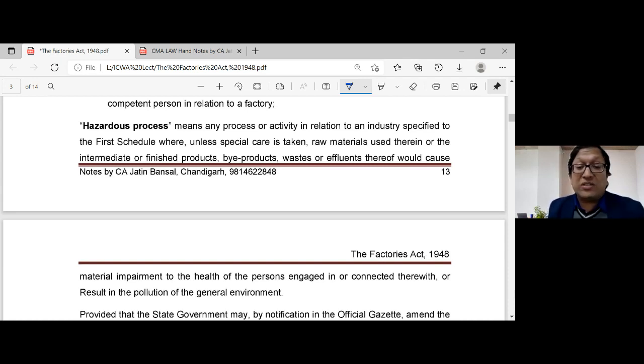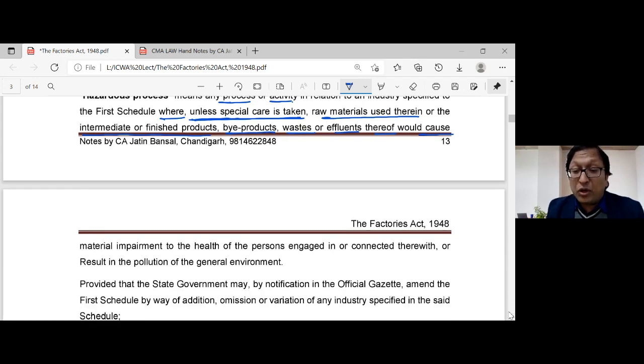Hazardous process means any process or activity in relation to an industry specified in the First Schedule, where, unless special care is taken, the raw material used therein or intermediate or finished goods, byproducts, waste, effluents thereof would cause, if not properly handled, material impairment, nuksan, to the health of the persons employed in these establishments or connected therewith, or result in pollution of the general environment. If we don't take special care, what will happen?